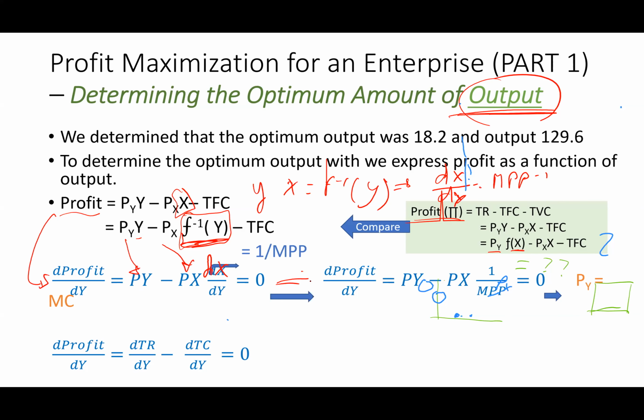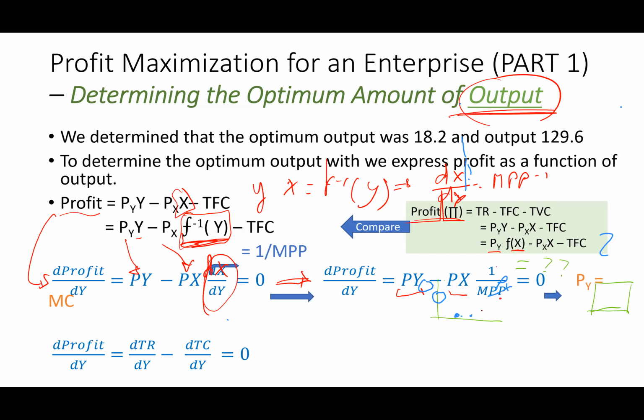If we continue working on this, we have our same py, and as I showed you earlier, the derivative is the inverse. So we have px times the inverse of the marginal physical product equal to 0. This becomes the output maximization function.